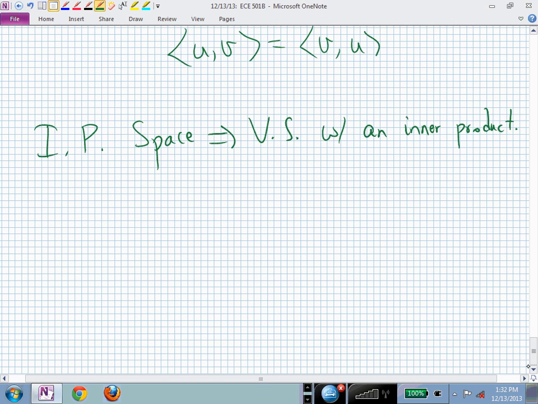And once we have that, now we have length and angle. And once we have angle, we can start talking about things being perpendicular or orthogonal to each other. So now we have this orthogonality concept that is available to us, and U would be orthogonal to W if their inner product is 0.